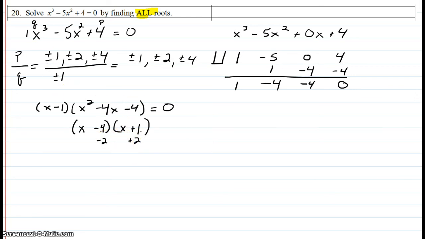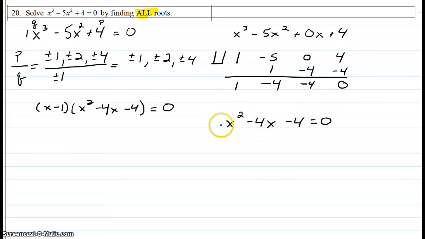So once again, I'm stuck with something that's not going to be able to factor. So we will try something else. So since this is x squared minus 4x minus 4 equals 0.